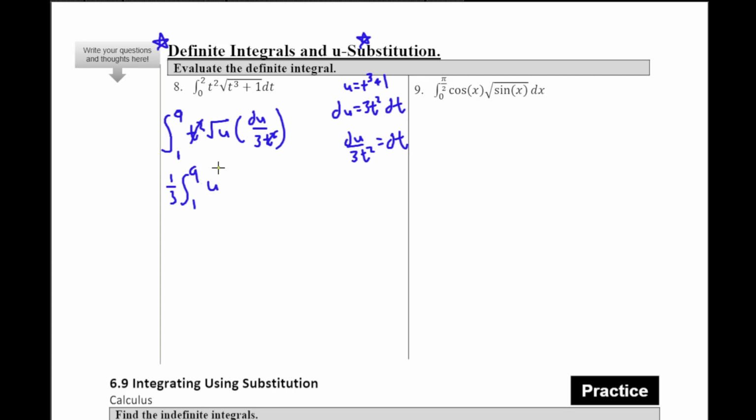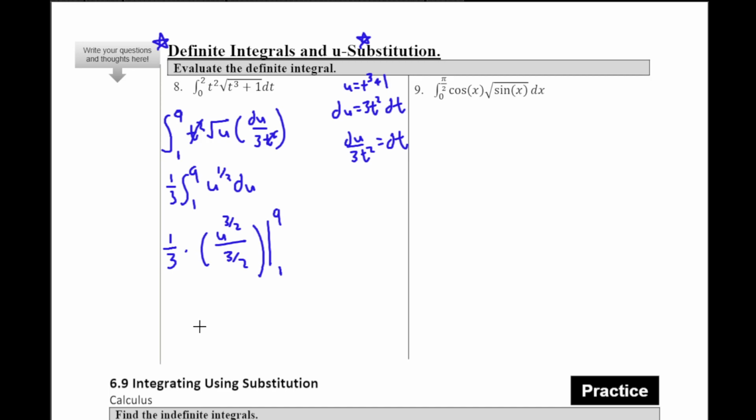That's the same as u to the 1/2 power, and it's du. Now, just use the basic reverse power rule. 1/3 times u to the 3/2 divided by 3/2, and then do the vertical bar from 1 to 9.